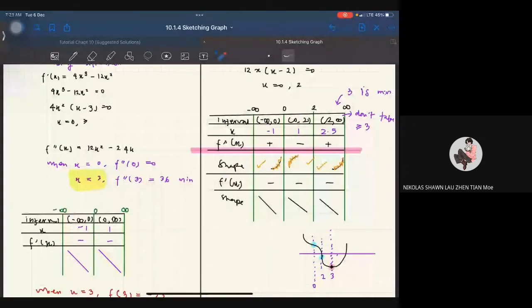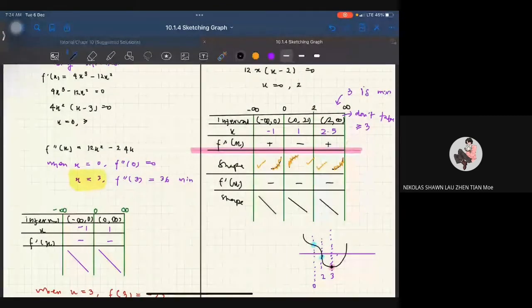Okay, so before 0 it is positive, after 0 it is negative, meaning that 0 is your inflection number. Okay, and then before 2 is negative, after 2 is positive, so 2 is your inflection number. Okay, so get used to finding right here what your inflection point is.